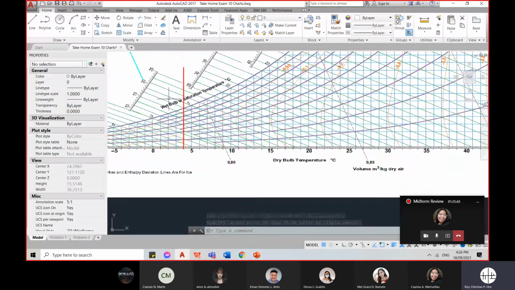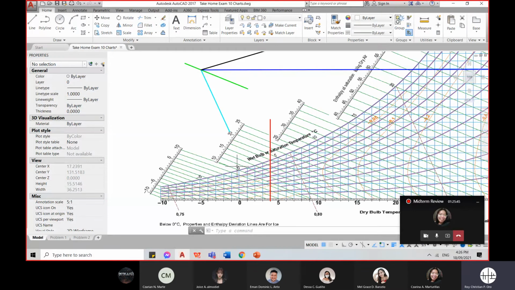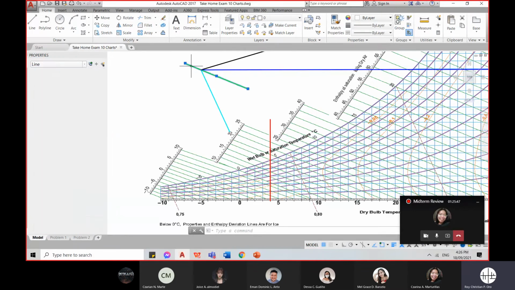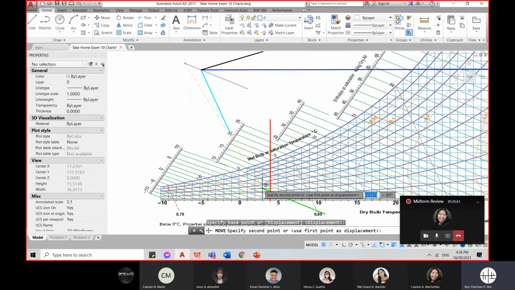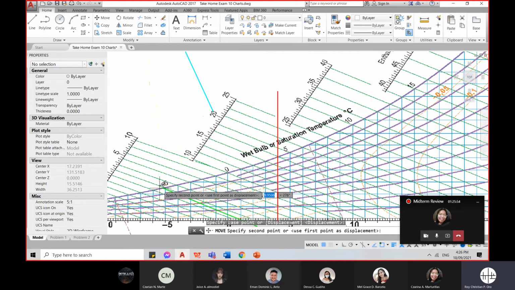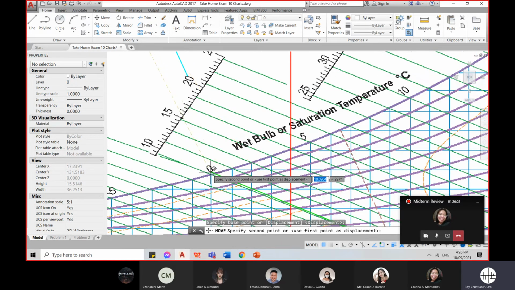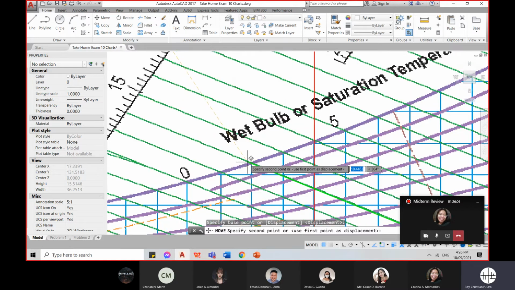The next is we need to plot the 2 degrees Celsius wet bulb. If the wet bulb is given, look at these temperatures: -5, 0, 5, 10. So 2 degrees Celsius: 0, 1, 2. So this is your 2 degrees Celsius wet bulb.